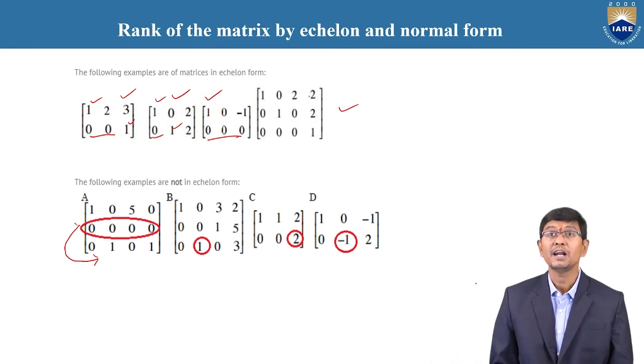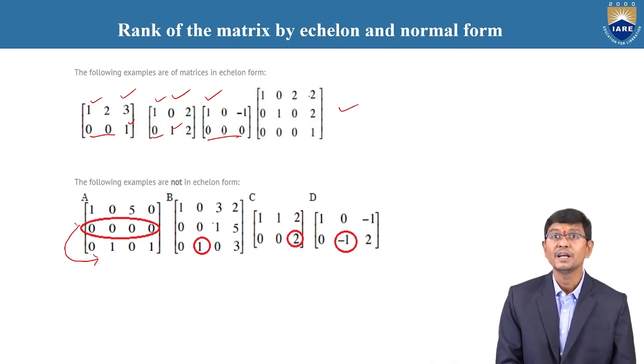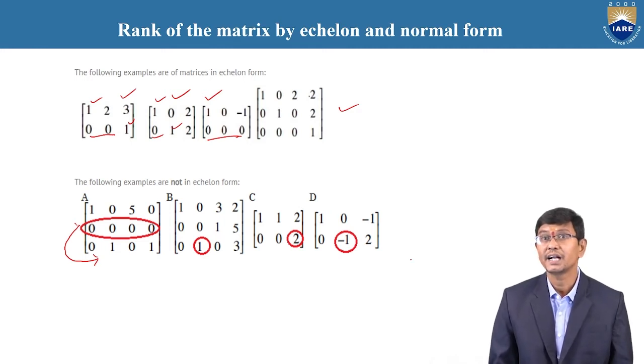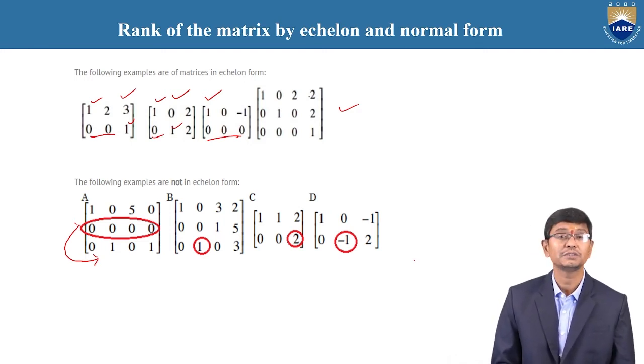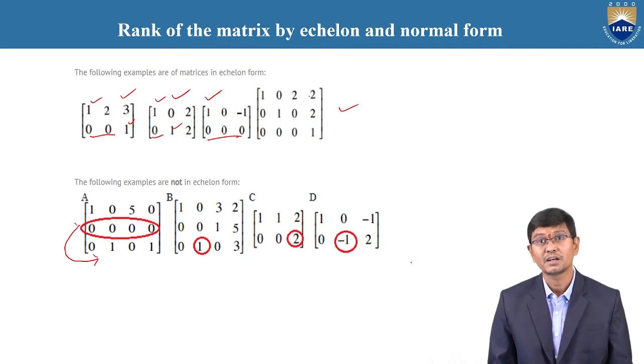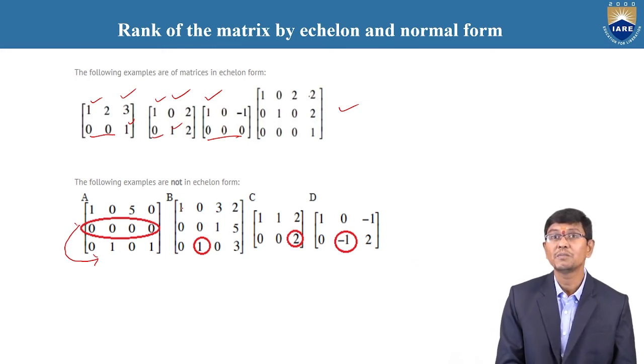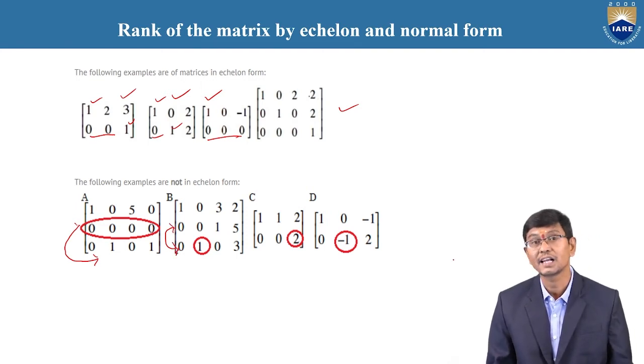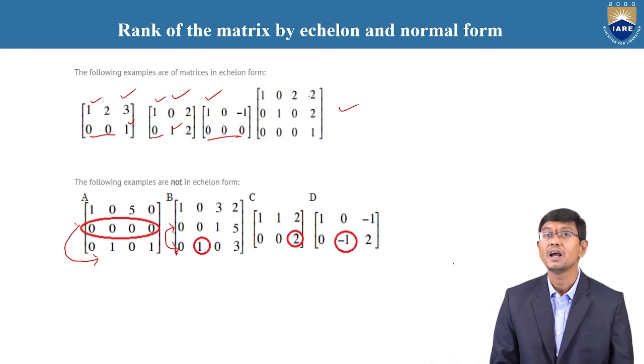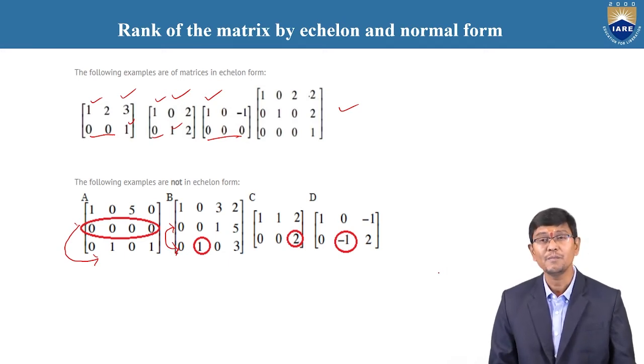And moreover, in example B, the first condition is neglected and the second is satisfied, but the third condition, before the non-zero number the zeros are not in increasing order. After interchanging the second row and the third row, then only the echelon form of a matrix is satisfied. Until then, it is also not echelon form of a matrix.